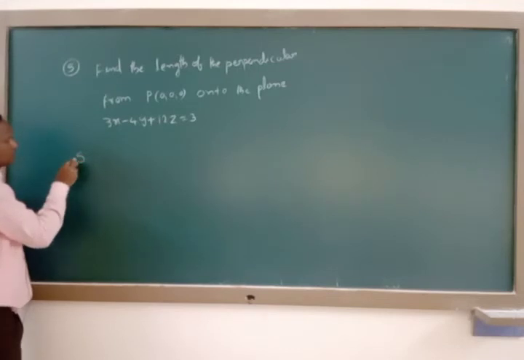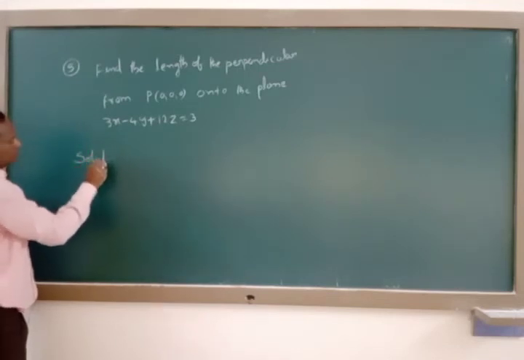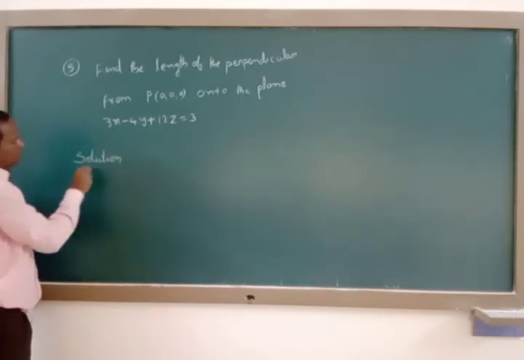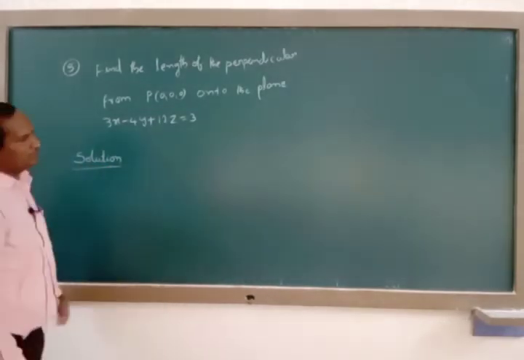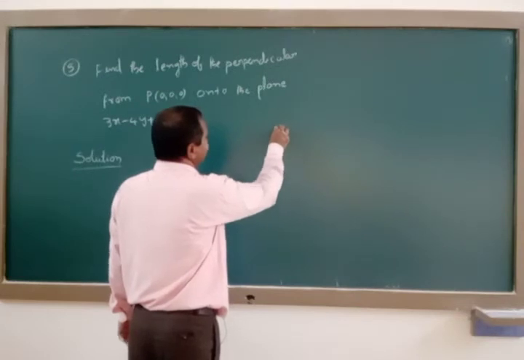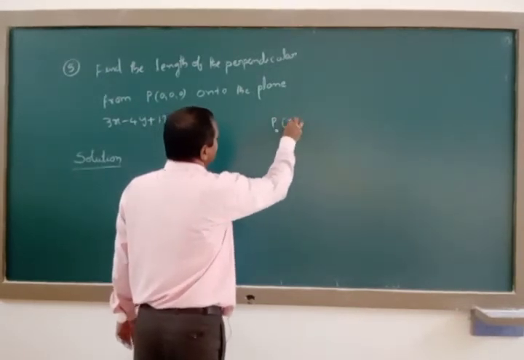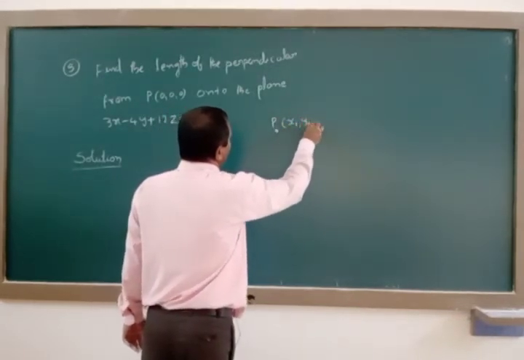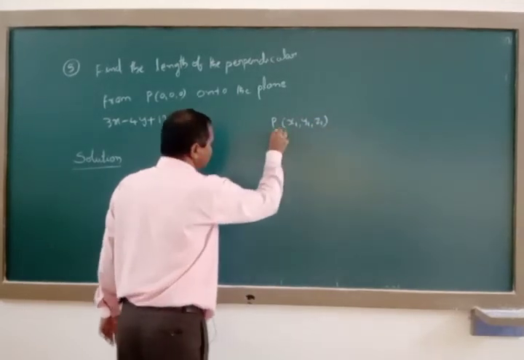Solution for this question: you have to apply the formula of the length of the perpendicular from a point onto the plane, like this. Here you consider capital P as x1, y1, z1.